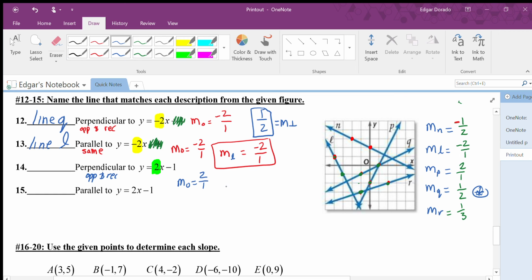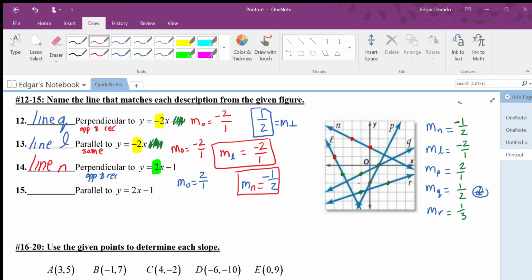So my opposite reciprocal must have the opposite sign, so a negative, and it must be the flipped version, so my opposite reciprocal slope has to be negative 1 over 2. And which line has that? Looks like it's line N. So line N is perpendicular to y equals 2x minus 1.